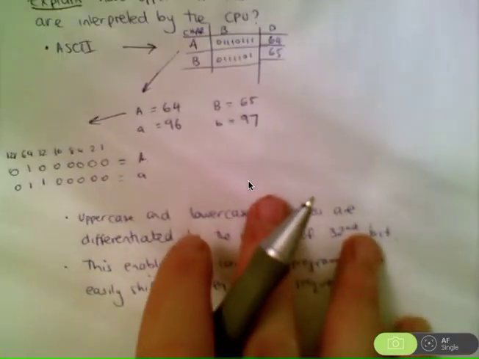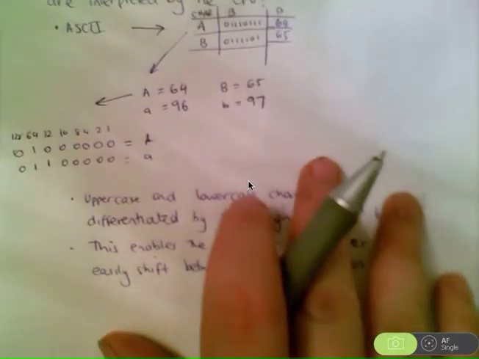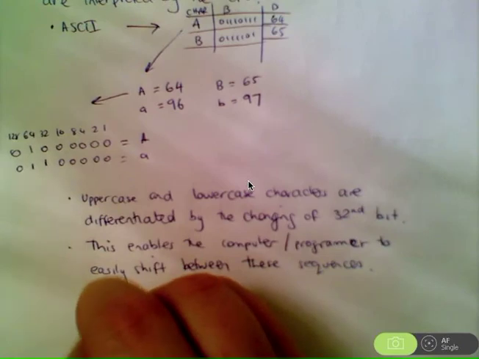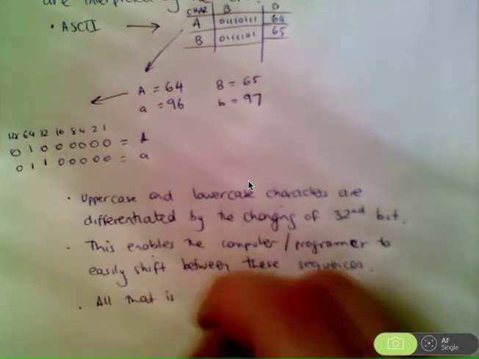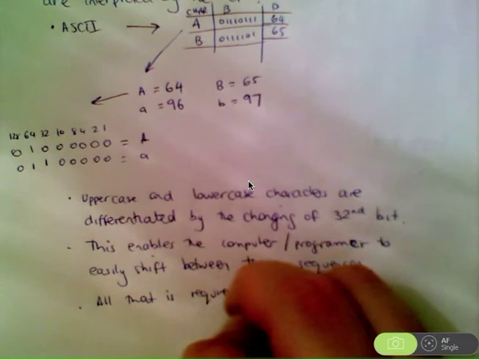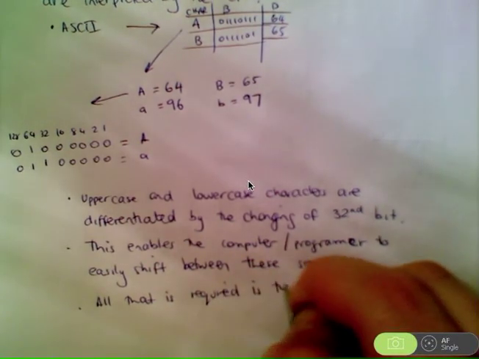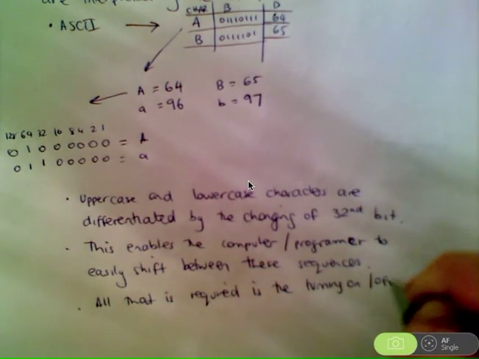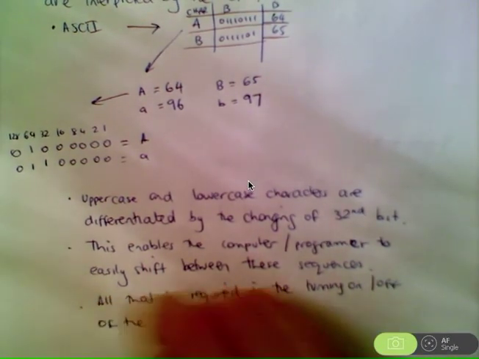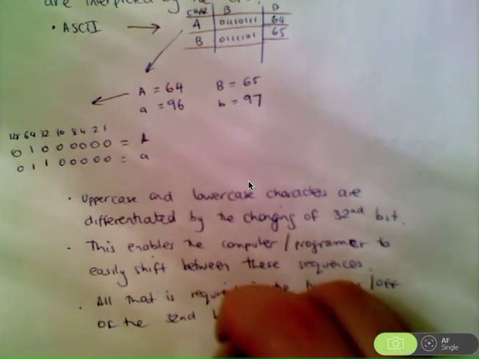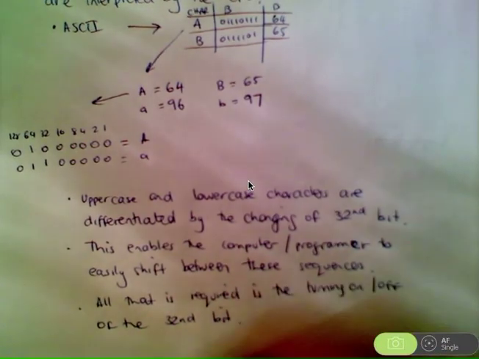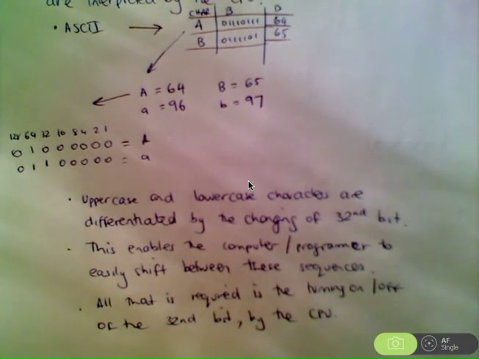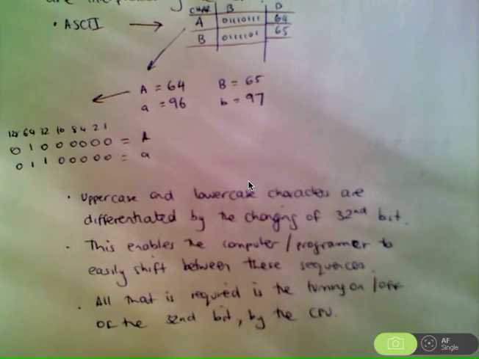And then finally, probably something like: all that is required is the turning on or off of the 32nd bit by the CPU. That relates it back to the question. There we go, cause and effect.